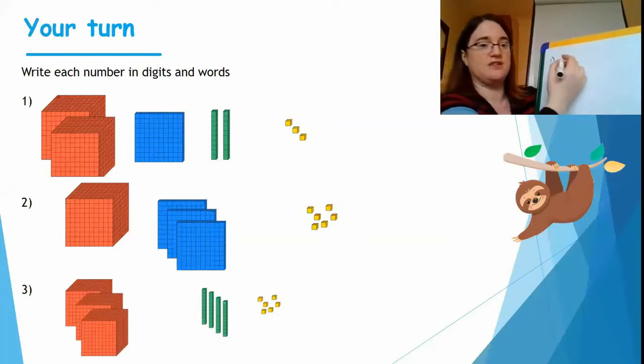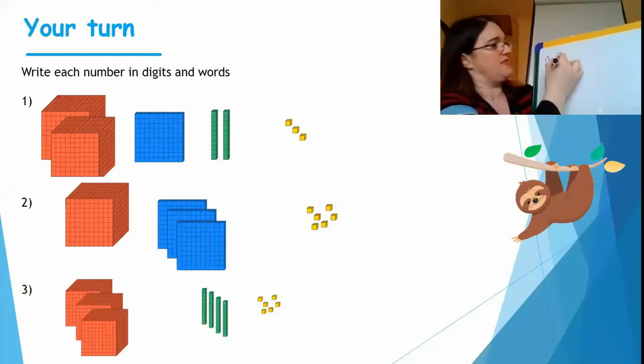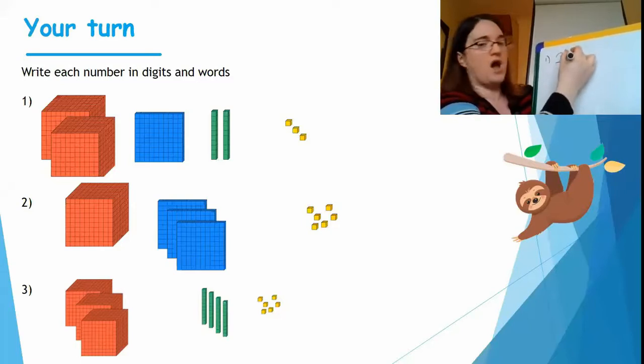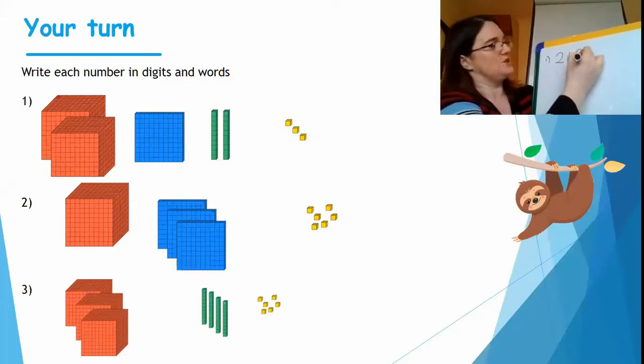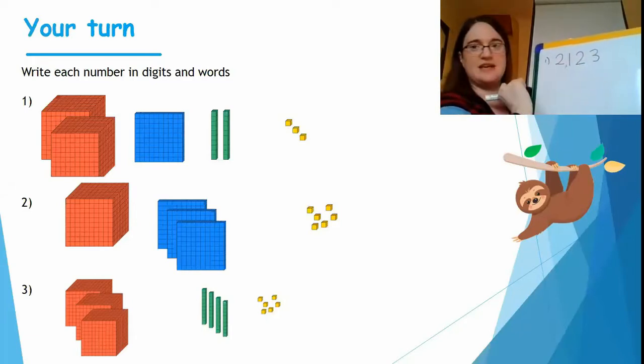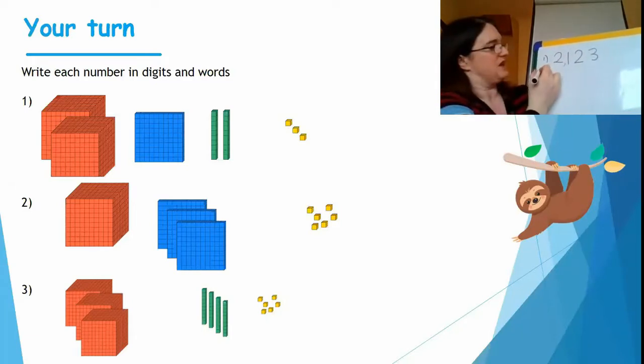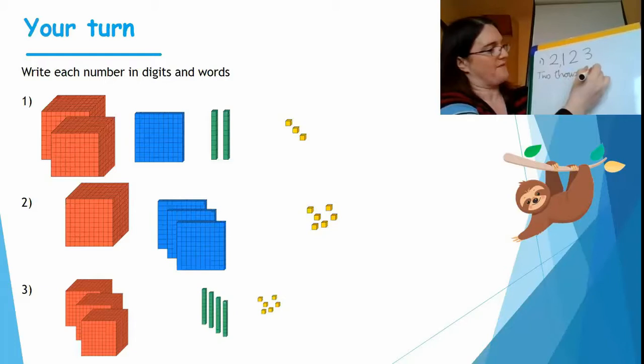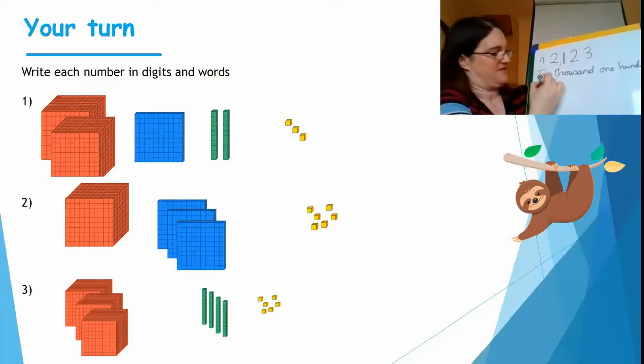Okay, so the first one, if we look at the first one, we had 2 in the thousands, 123. Pop our comma in to make it easier for us to read, and we're going to write 2,000 100 and don't forget that word "and".